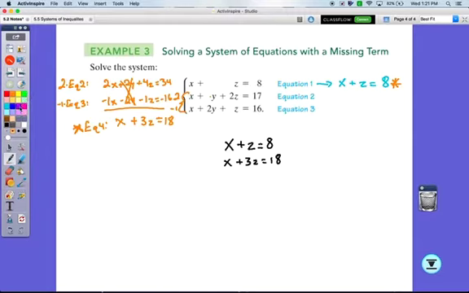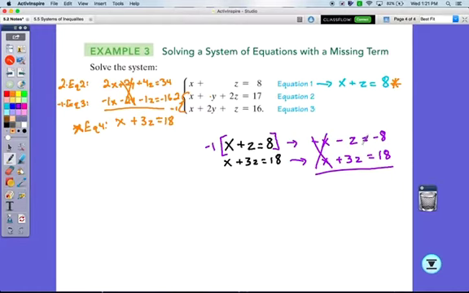So if I multiply equation 1 by a negative, this gives me negative 1x minus 1z is equal to negative 8. I just bring equation 4 over, x plus 3z is equal to 18.